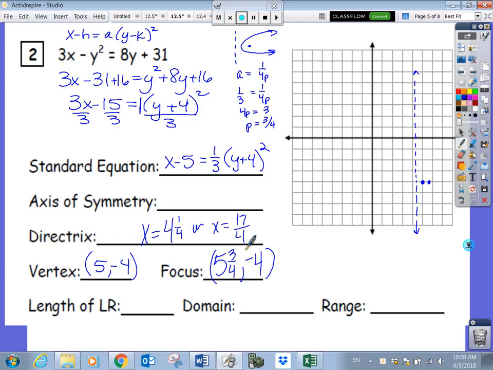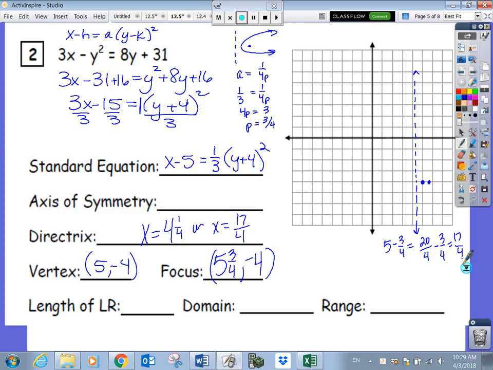If you don't know where I got 17/4, we were at 5 and we subtracted 3/4. So 20/4 minus 3/4 gives me 17/4.